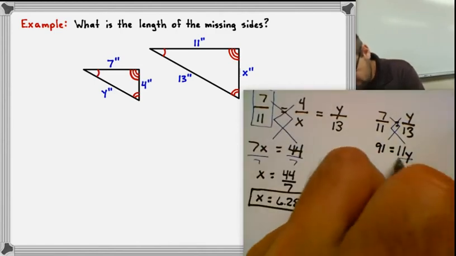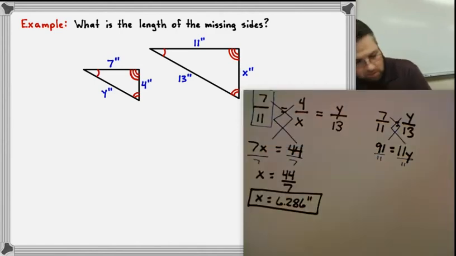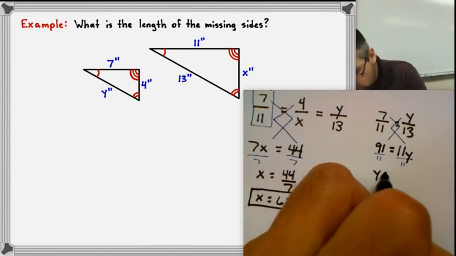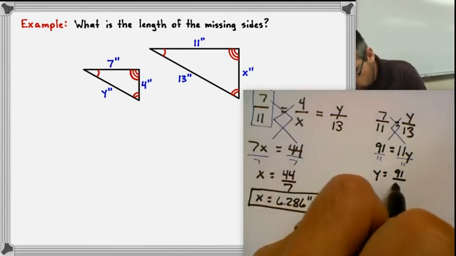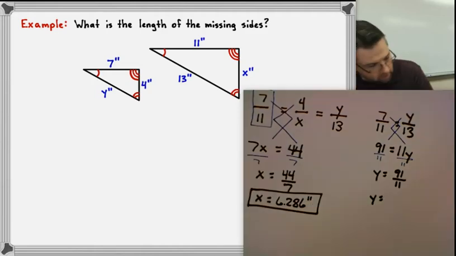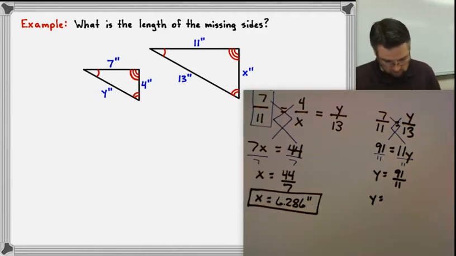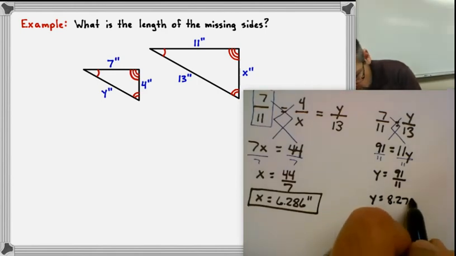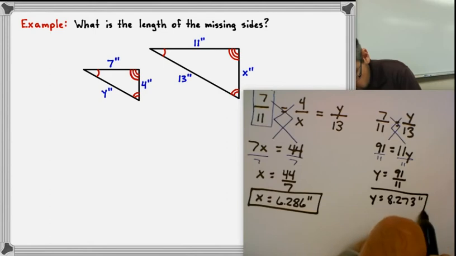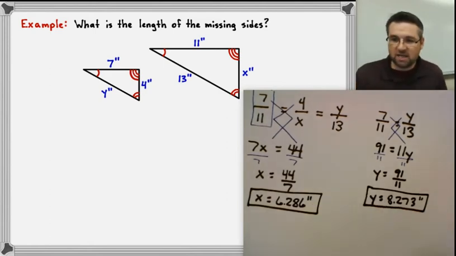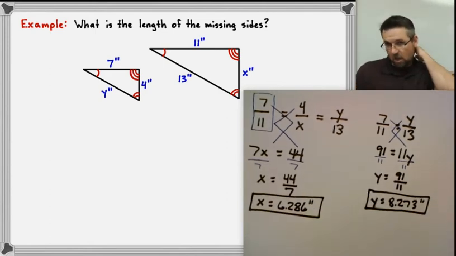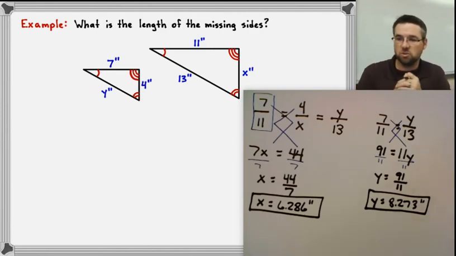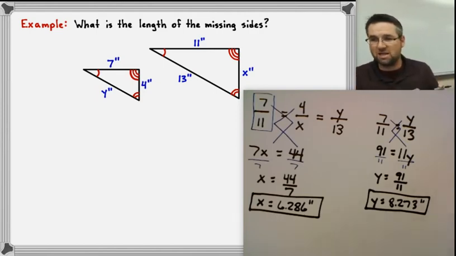And then from here, we'll divide by 11, and then we can say that y equals either 91 over 11, or with our calculator, 91 divided by 11 is going to be 8.273 inches if I round it to the nearest thousandth. Okay, so that is how you find the missing side lengths of triangles if those triangles are similar to each other. And these triangles are similar because all their angles are congruent to each other. Okay, so that is how you do that.